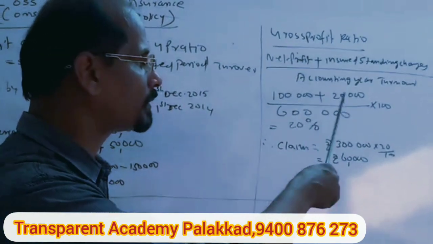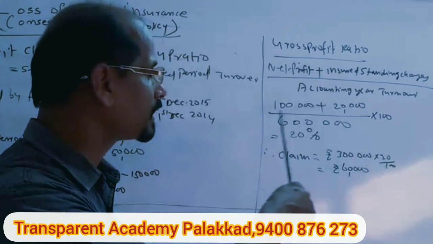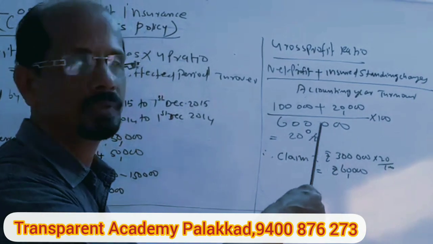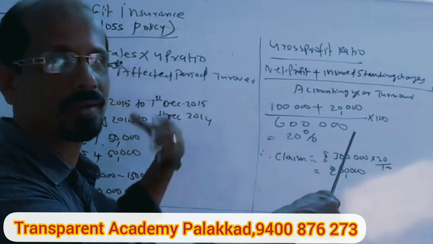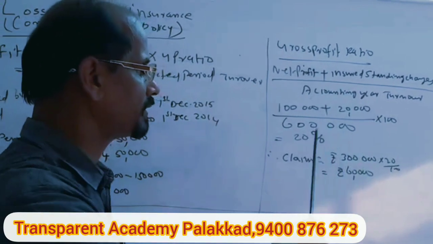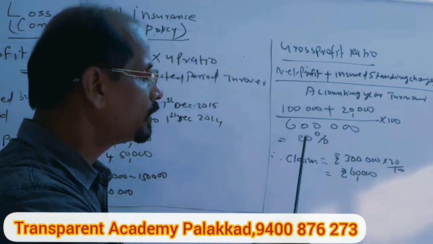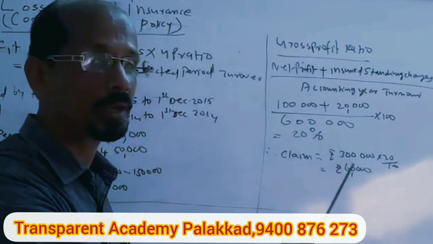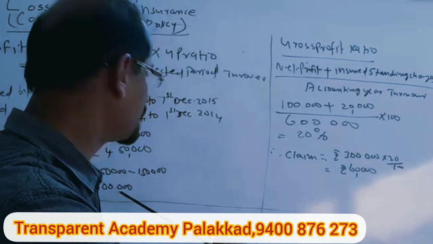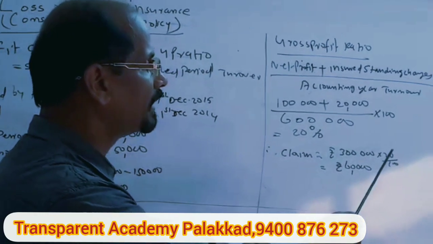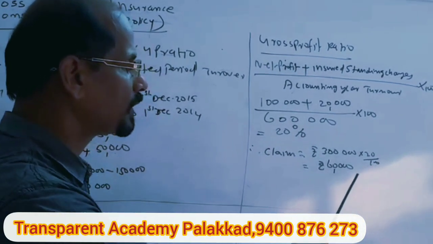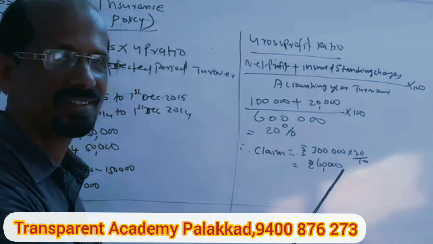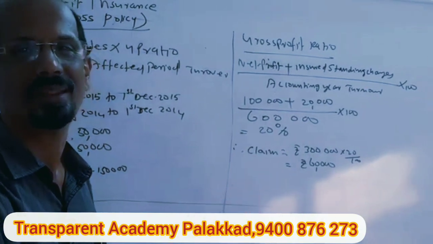Net profit plus insured standing charges divided by previous year turnover into 100 gives a 20% GP ratio. Then how will you calculate the claim? Short sales of 3 lakh into 20 by 100 GP ratio gives 60,000. This is the loss of profit claim.